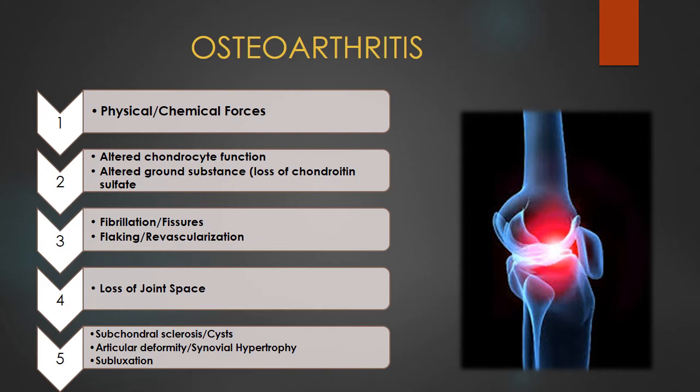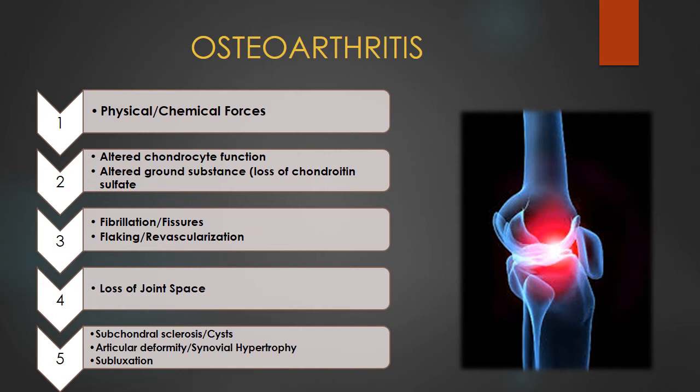Well, over time, as the ground substance starts to thin and become aged, is probably the best word for it, the ground substance starts to develop cracks and fissures and fibrillations, and it flakes off and it becomes revascularized and hypervascularized, and the integrity and the properties of the articular cartilage begin to deteriorate and begin to soften.